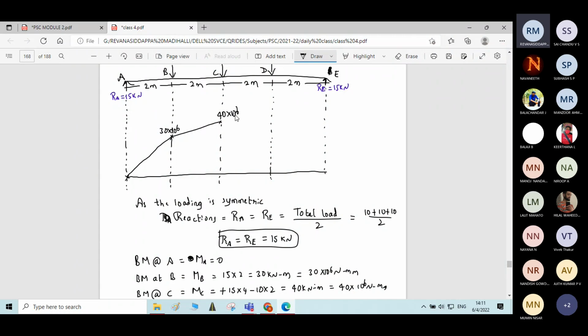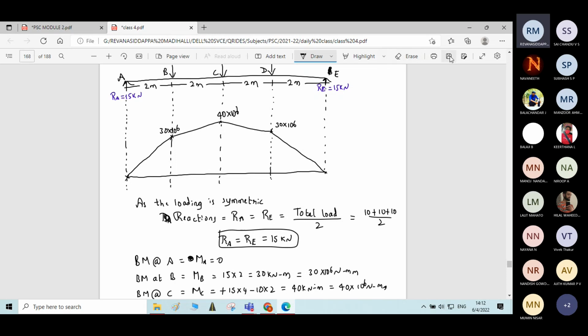The same value as B will be there at point D, that is 30 into 10 power 6, and then 0. Join the points. This is the bending moment diagram.